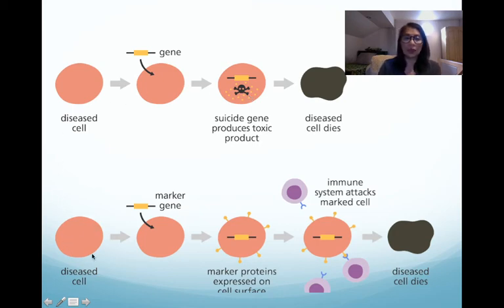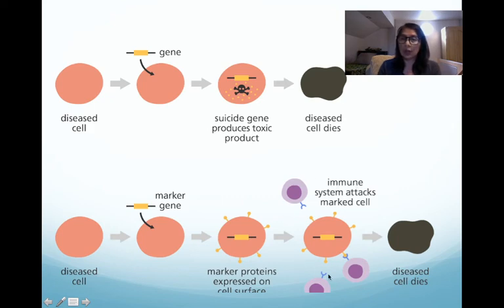The second one, as I mentioned earlier on, is with the use of the marker gene. This marker gene is to be expressed on the cell surface. The expression of this will trigger the immune system cells.